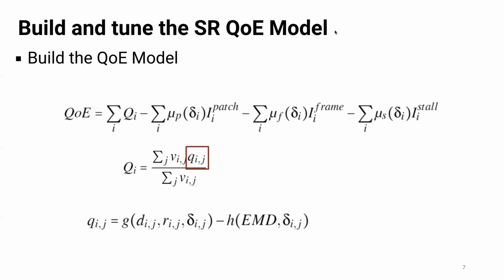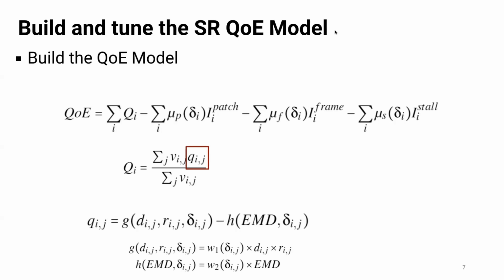And there are G and H functions. It is defined in this way. So they have some variables here, such as Dij is the density of the point cloud, Rij is the super resolution ratio of that patch, and delta ij is the distance from the user's sight to the point cloud object.